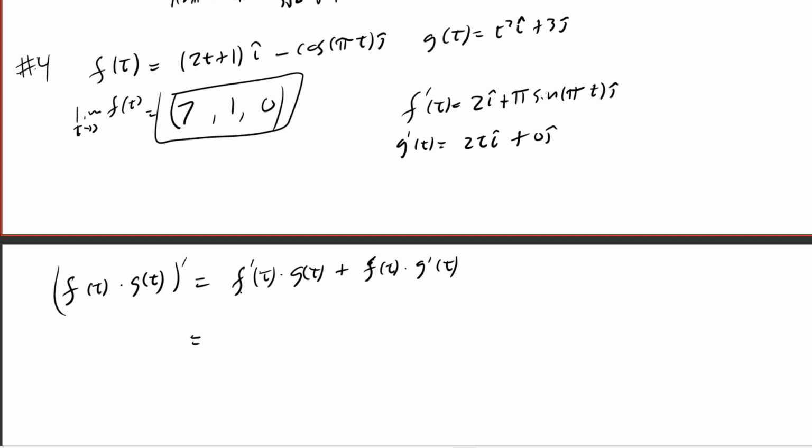Okay, so f prime dot g, let me write this in component form. This is (2, pi sine pi t, 0). This up here is (t squared, 3, 0). And this right here is (2t, 0, 0).